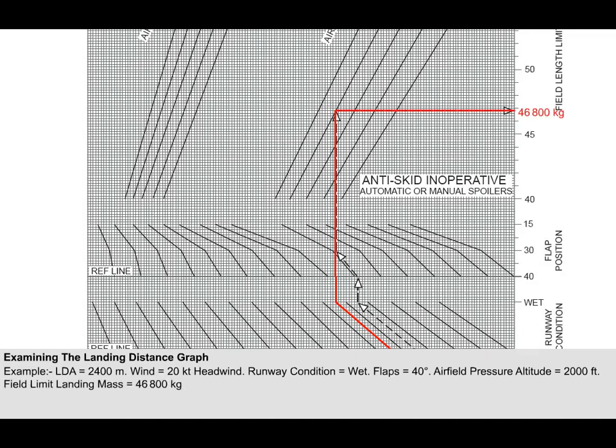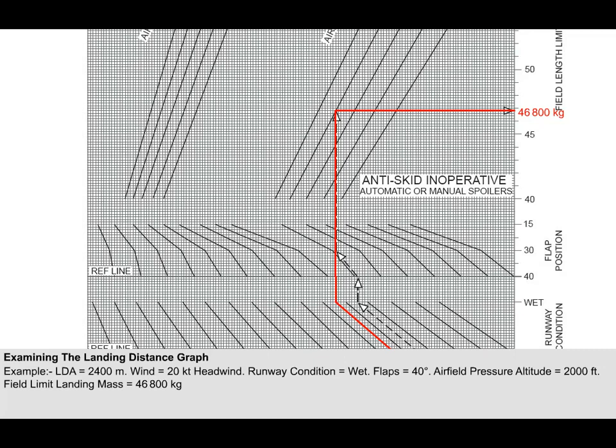From this point, move horizontally to the right and read off the field length limit landing mass. In our example, the field limit landing mass is 46,800 kilograms.